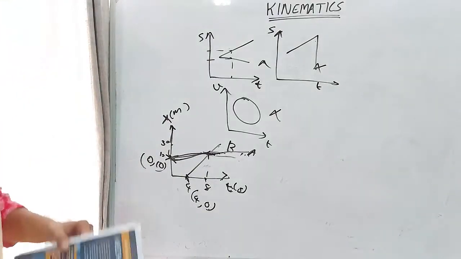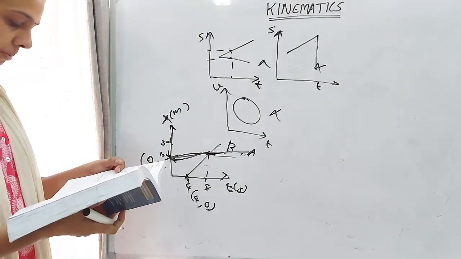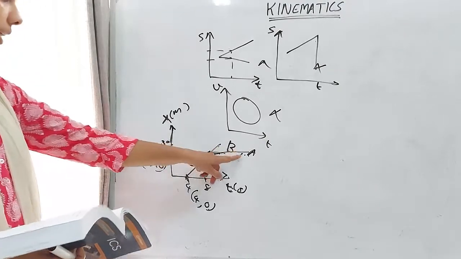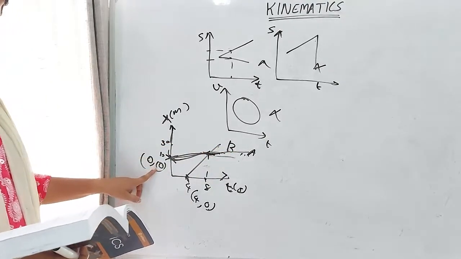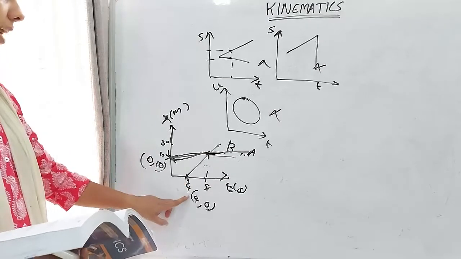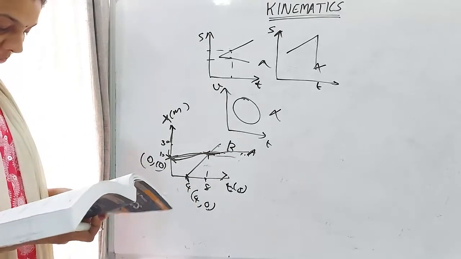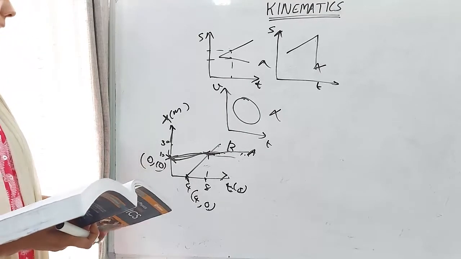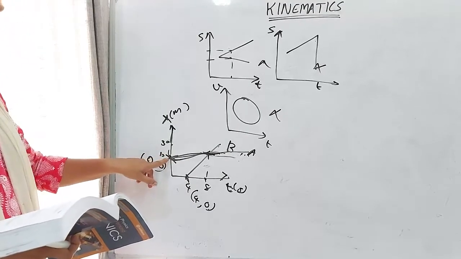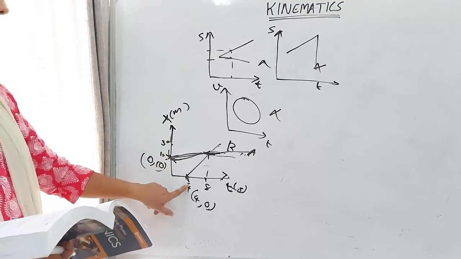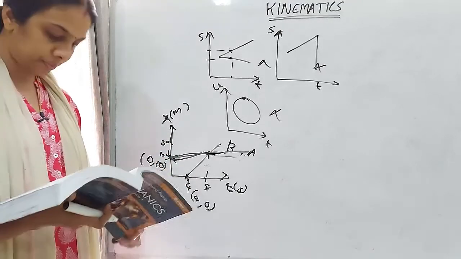So A started its journey at 0 seconds and B started its journey at 4 seconds, and the x coordinate at that time: A has 10 meters and B has 0 meters.